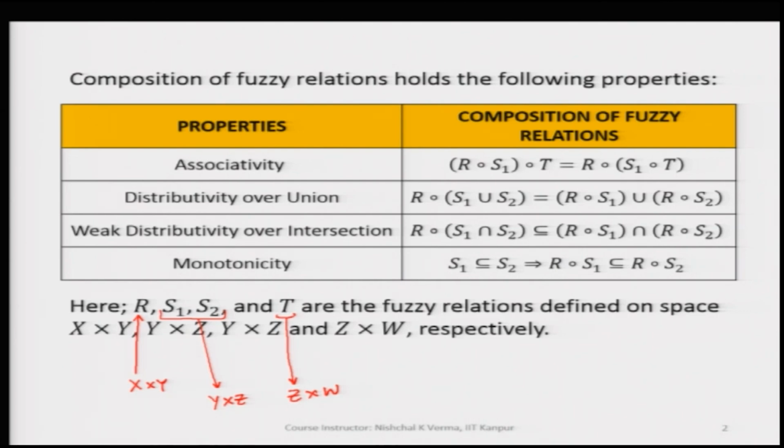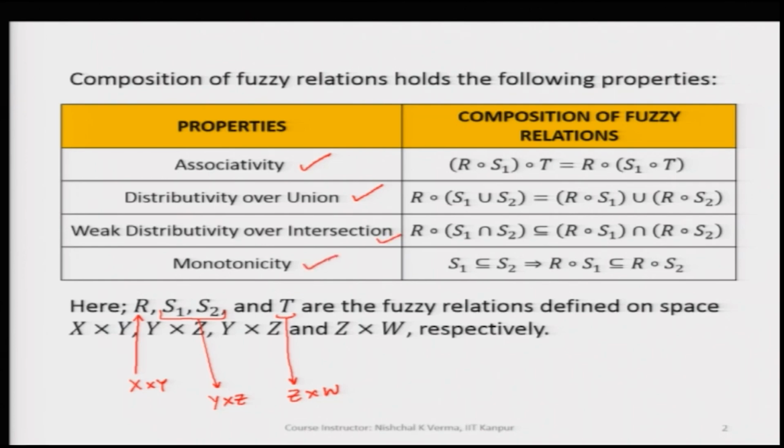So, here we will be discussing how these compositions of fuzzy relations hold these properties. First is associativity, then the second property is distributivity over union, then we have weak distributivity over intersection. And finally, we have monotonicity.